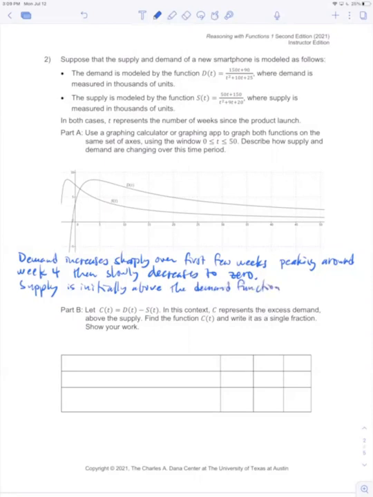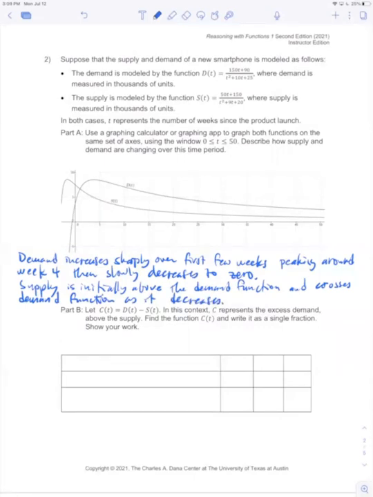Then at some point it crosses the demand function as it decreases.